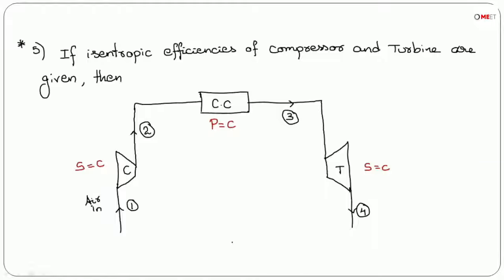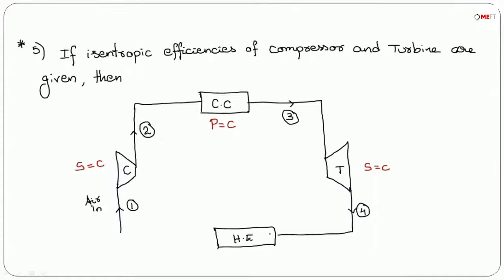If this is an open cycle gas turbine, the exhaust gases will be let out into the atmosphere and fresh air enters. So try to understand, there will be two different types of turbines. One is open cycle gas turbine, second one is closed cycle gas turbine plant. When it is open cycle gas turbine plant, this will be the plant. When it is a closed cycle condition, then what we need to do is use a heat exchanger.